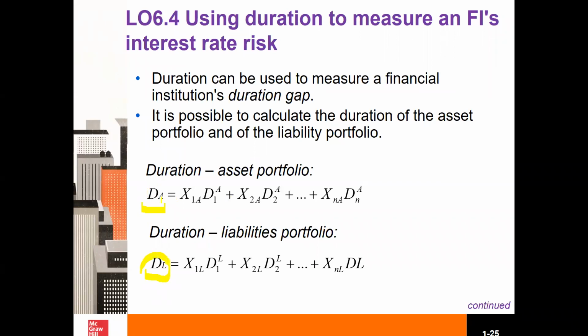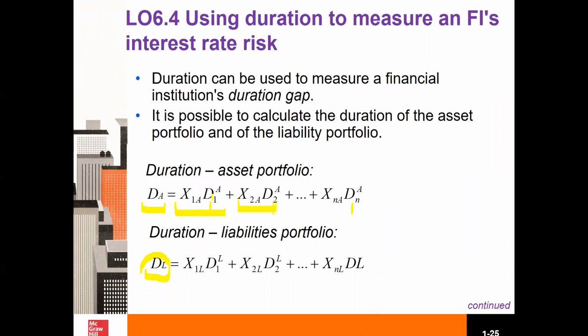The duration of the asset portfolio is the duration of each individual asset multiplied by its weight in the portfolio. So this is the duration of asset 1 multiplied by the weight of asset 1 in the asset portfolio, and this is the duration of asset 2 multiplied by the weight of asset 2 in the asset portfolio.